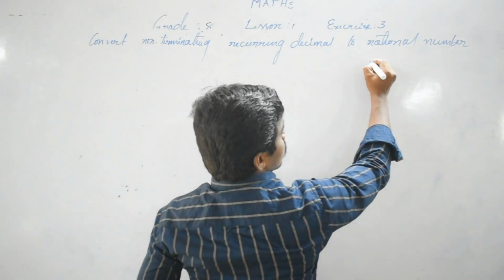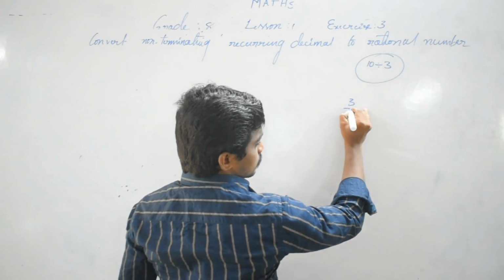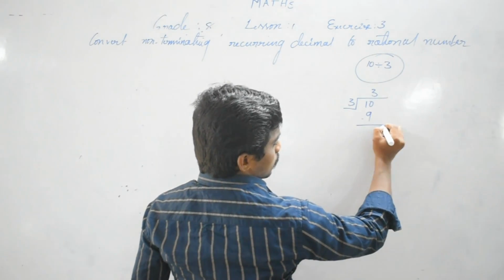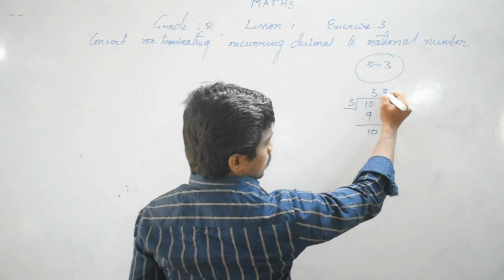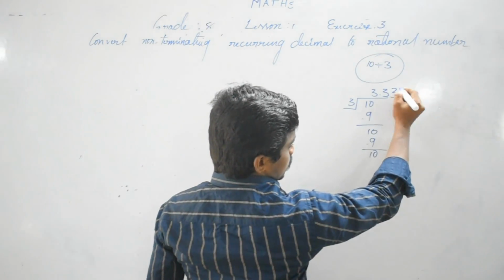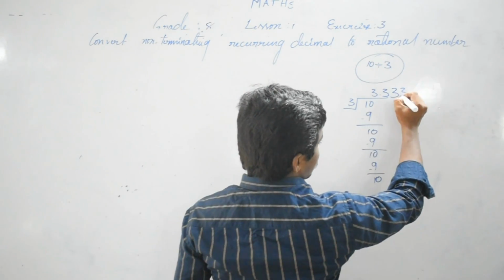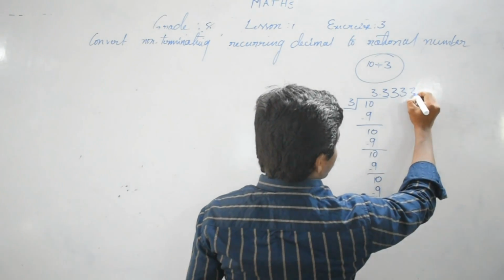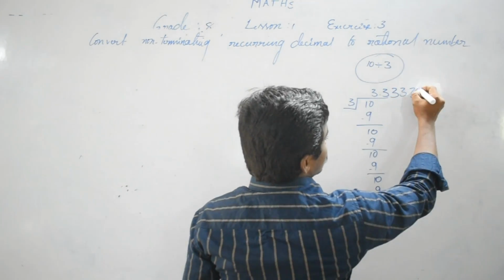See here, 10 divided by 3. 3 3s are 9, so 1 remains, keep a point and 0. 3 3s are 9, 1 remains again, 0. This repeats again and again.